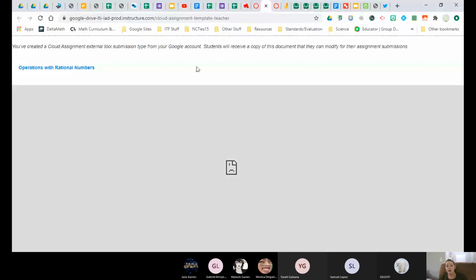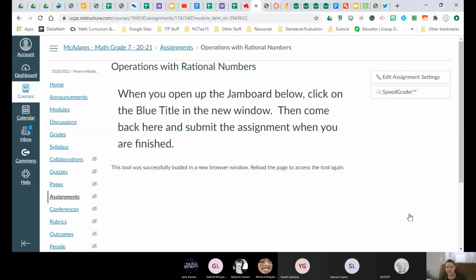Once you are done, on this screen, there will be a submit button on the right side, and that is how you submit the assignment. So it's not back here on the Canvas page. It is going to be right here on this screen, okay? Any questions about that?